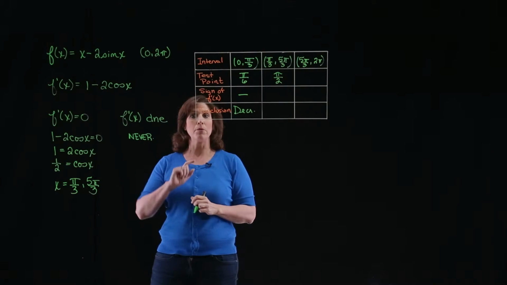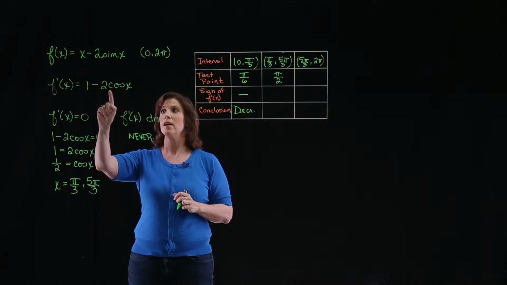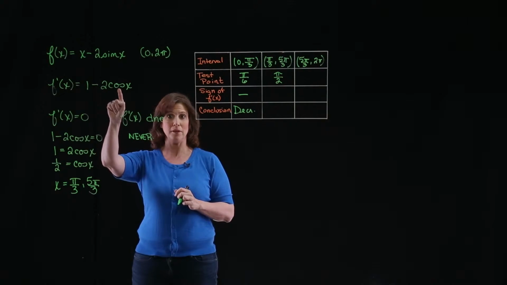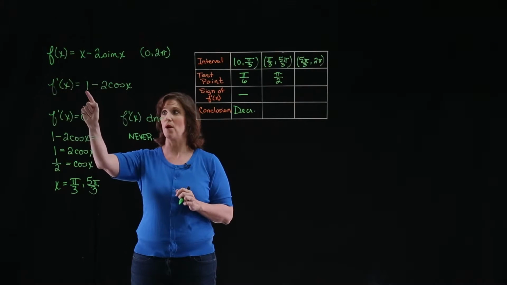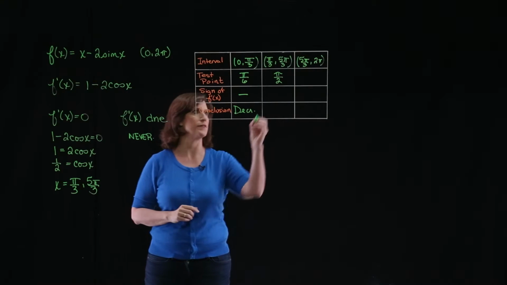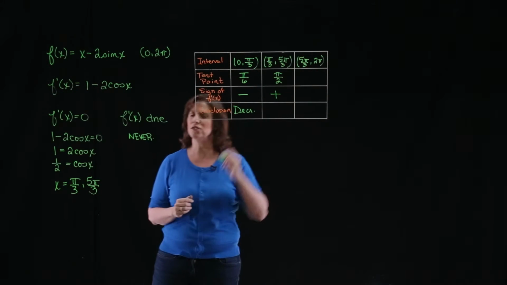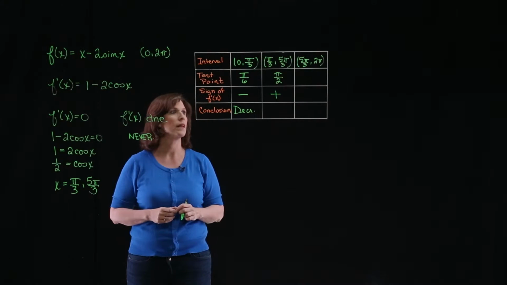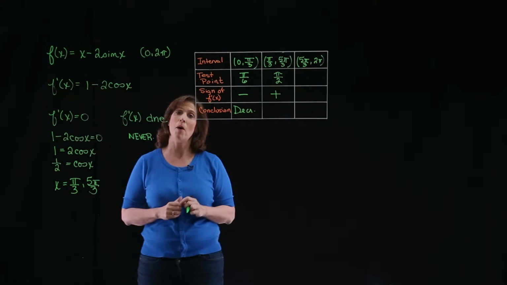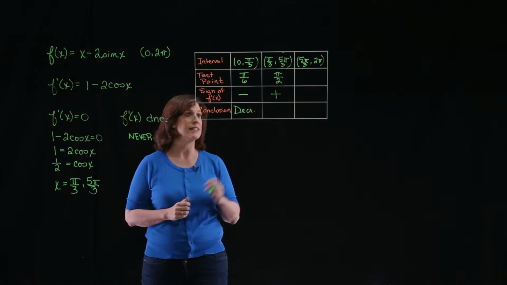So I'll plug this into the derivative. The cosine of pi over 2 is going to be 0. And 2 times 0 is 0. 1 minus 0 is a positive number. Again, don't worry too much about the calculation. You just need to know whether it's positive or negative. If the sign is positive, that means my function is increasing.